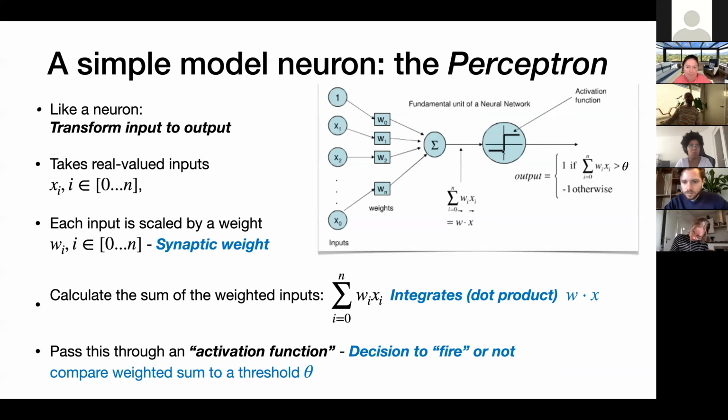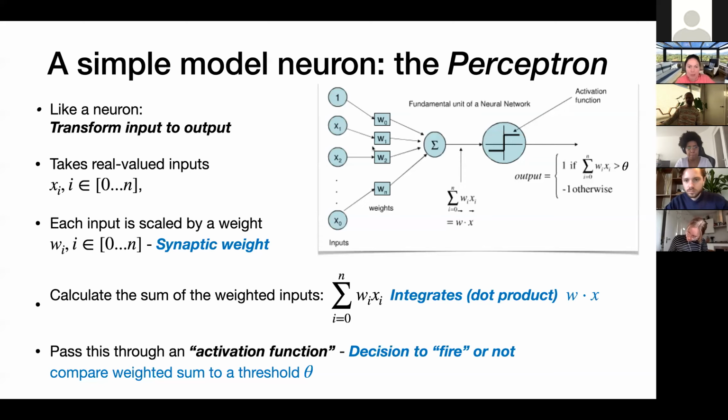So if the activation, that is this dot product, is larger than some threshold theta, it's going to fire this neuron. So it's going to have an output of 1, and it's going to have an output of -1 or 0 otherwise.